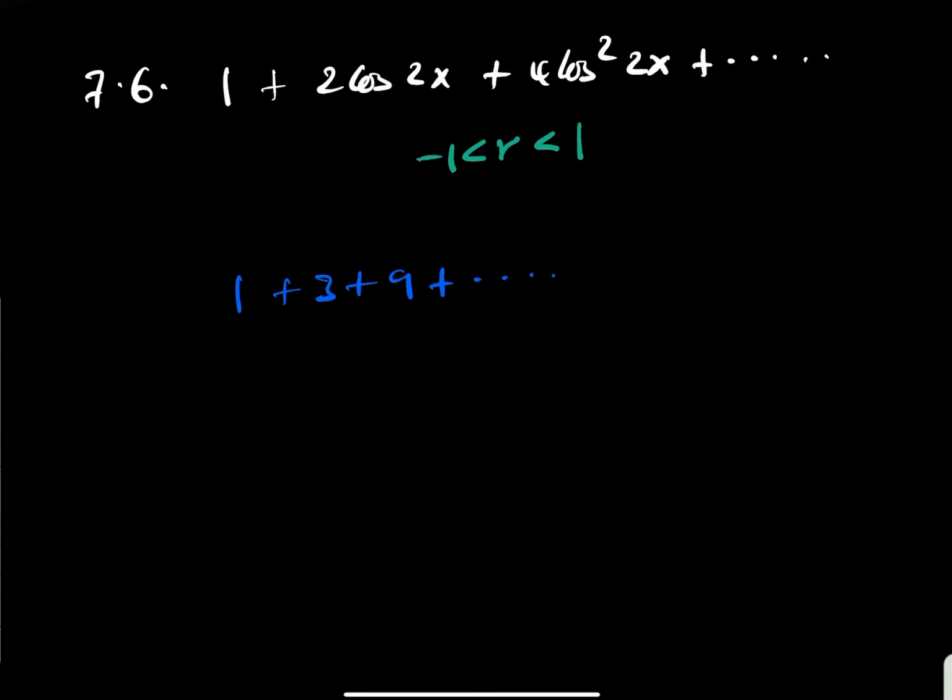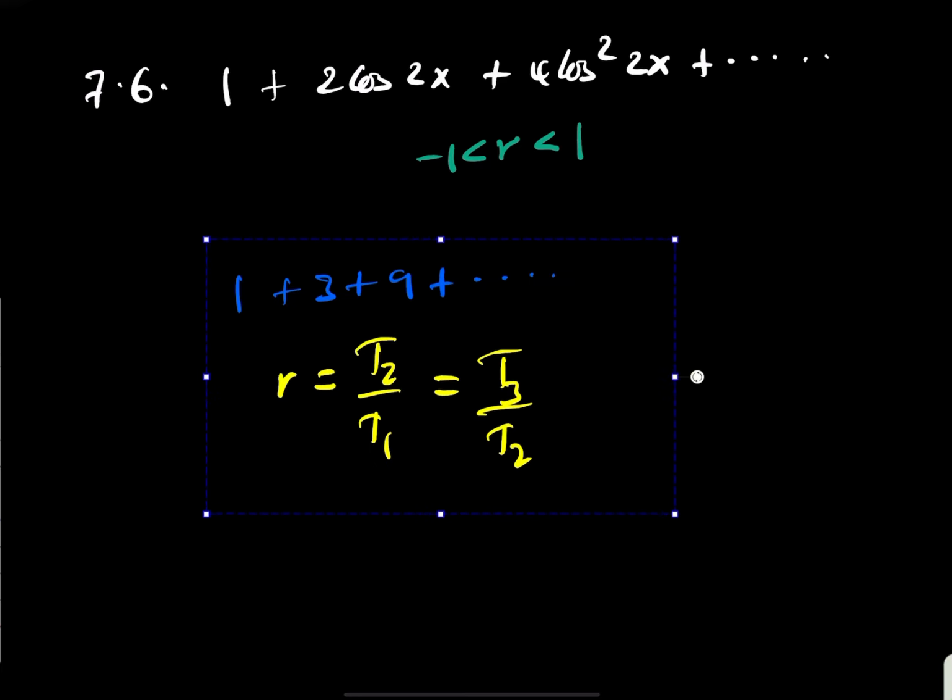So if you are to find your r, it's going to be the ratio between two consecutive terms. So that is going to be 3 over 1. You guys know how to get your r. Okay? So we are going to find the r of this geometric situation.